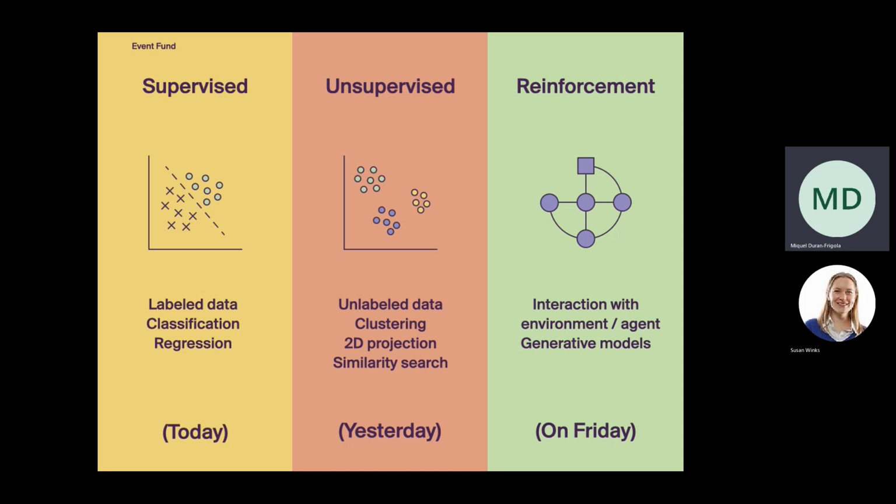And when it comes to drug discovery, I think that the most interesting application is generative models to invent new molecules. So why do we call this reinforcement learning? Well, because there's an algorithm that generates a candidate, and there's an environment, for instance, a chemist or another algorithm, that says whether this candidate is valid or not.